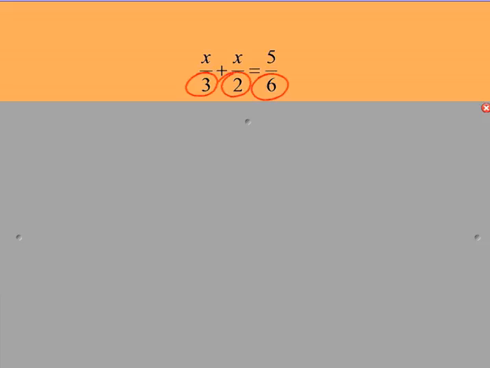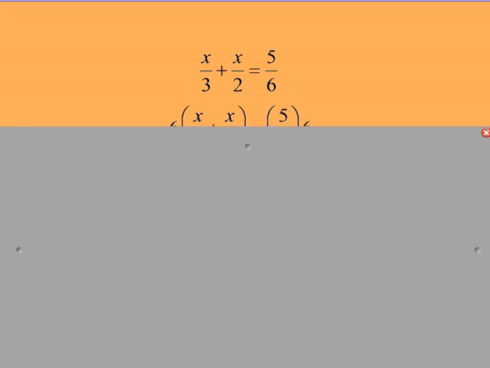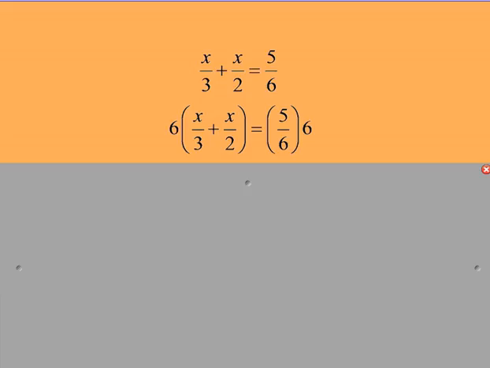The least common multiple would be the best scenario for these three numbers. And remember, we studied that earlier in the year. Hopefully you're thinking, oh, 3, 2, and 6 all go into 6. So we're going to multiply both sides of the equation by 6, and we are allowed to do this because of the multiplication property of equality.